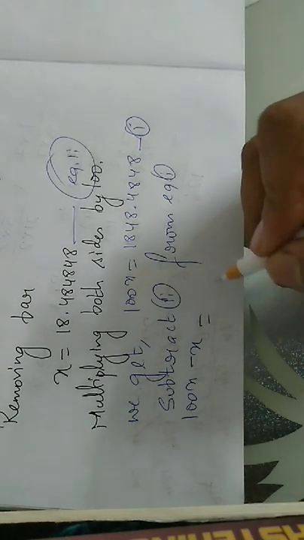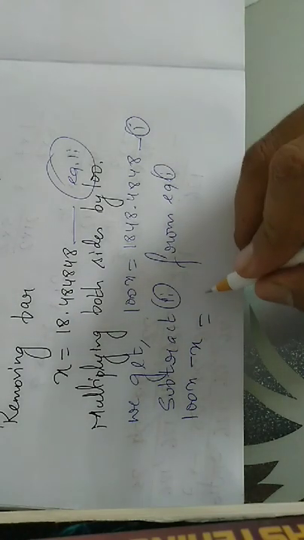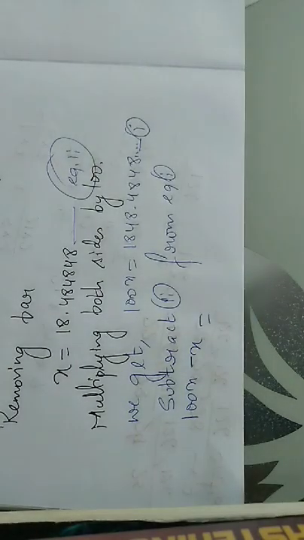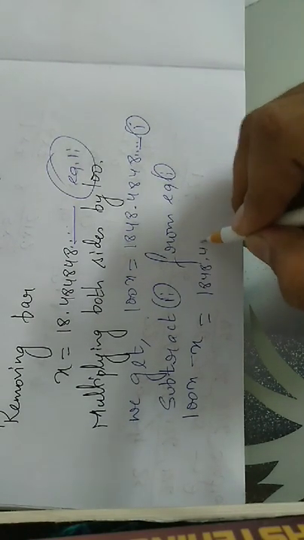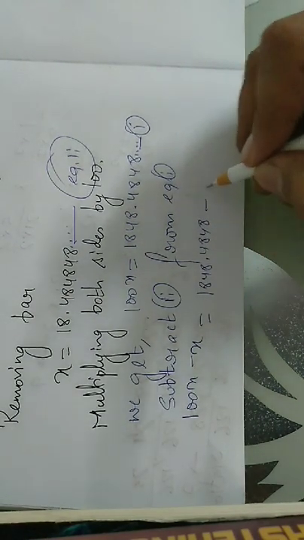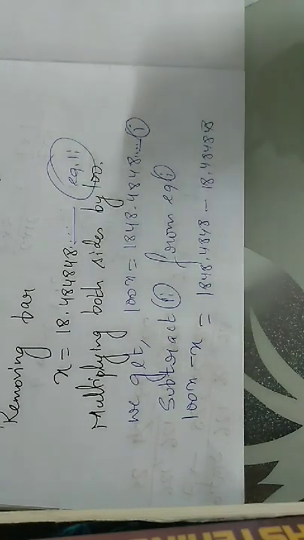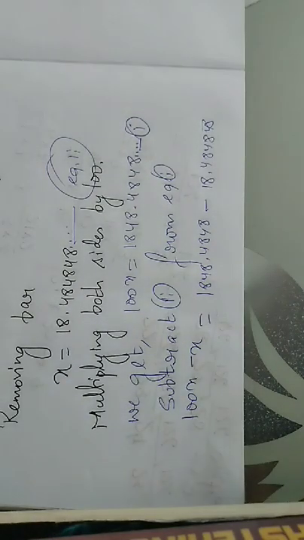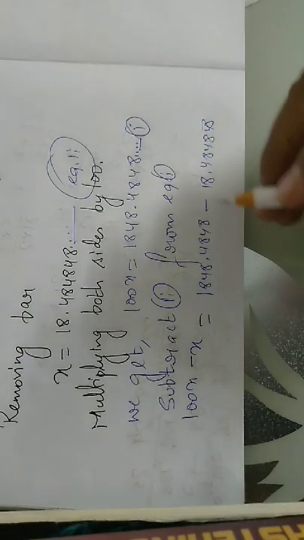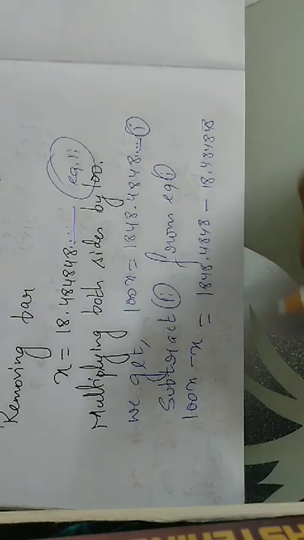Now the RHS also we need to write. So 100x minus x becomes equal to 1848.4848 dot dot dot minus 18.484848 dot dot dot. So next we need to subtract it.